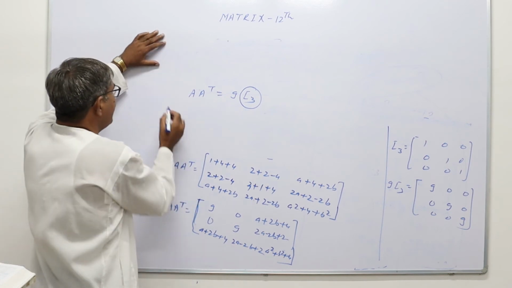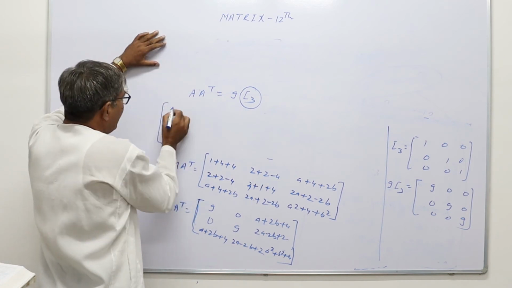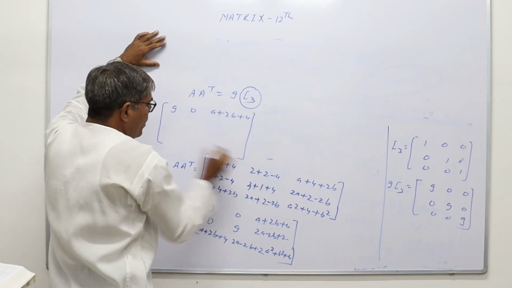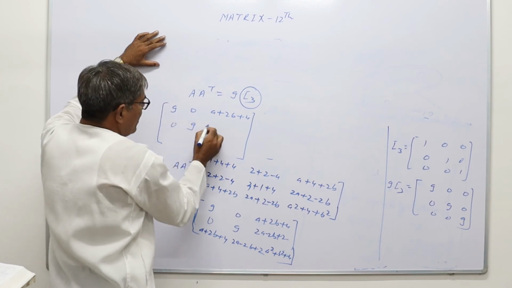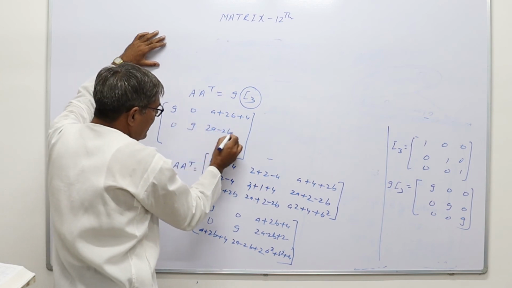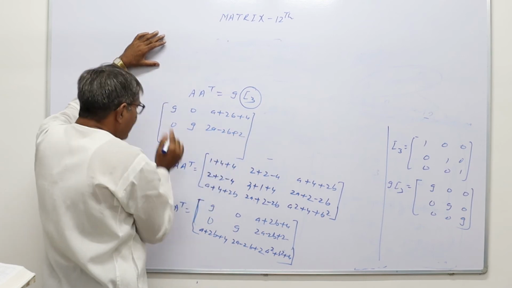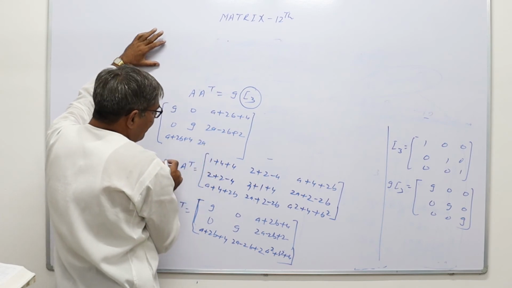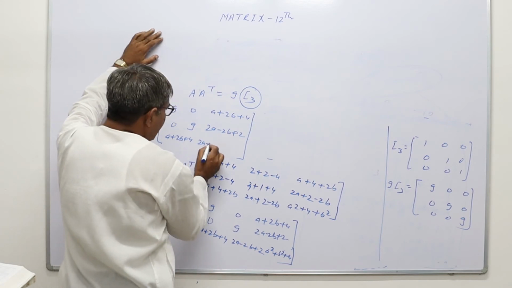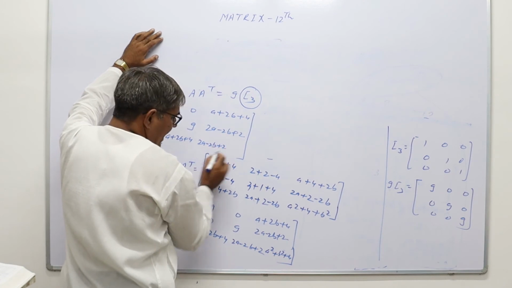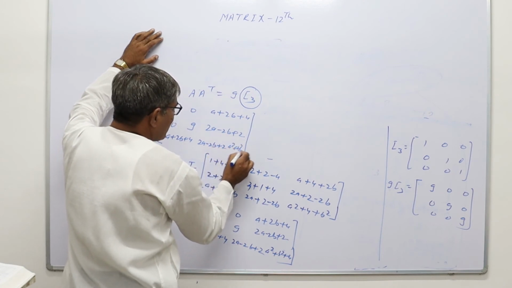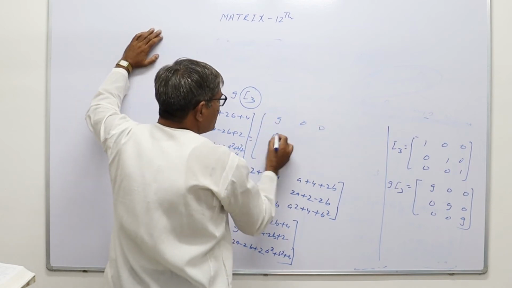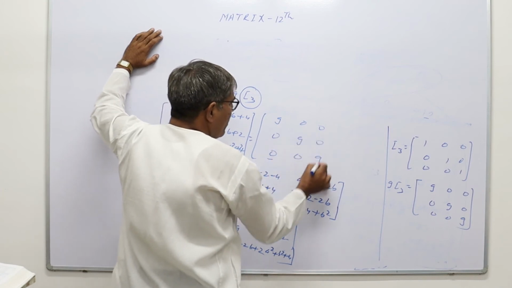So A into A transpose is 9 0 a plus 2b plus 4, then 0 9 2a minus 2b plus 2, and a plus 2b plus 4, 2a minus 2b plus 2, and a square plus b square plus 4 is equals to 9 0 0, 0 9 0, and 0 0 9.